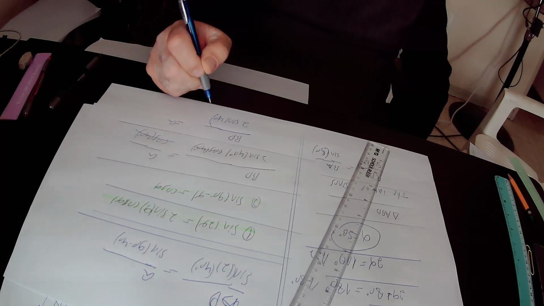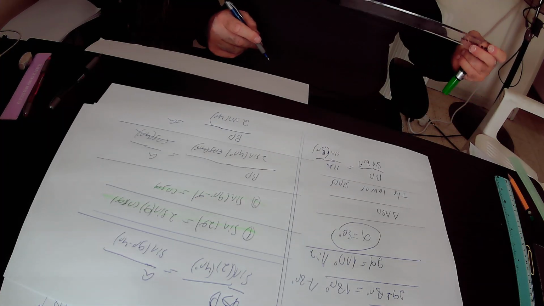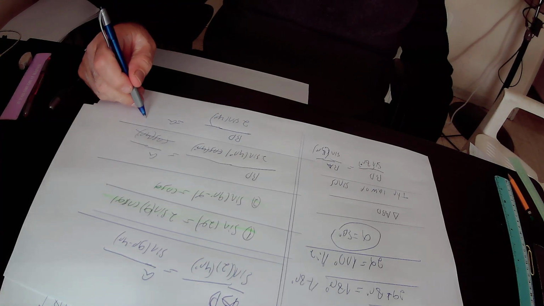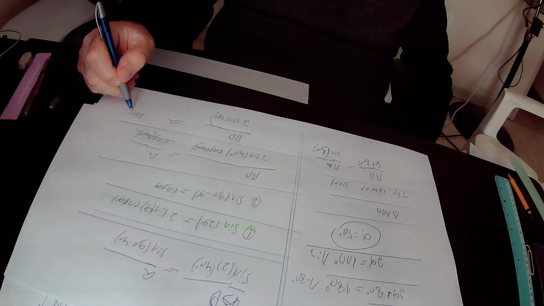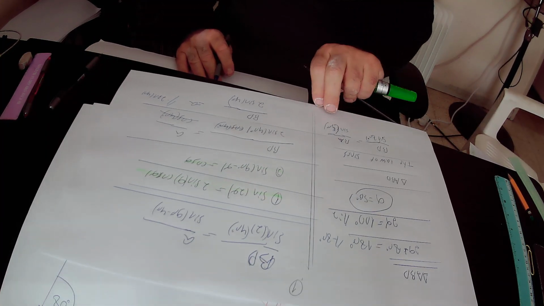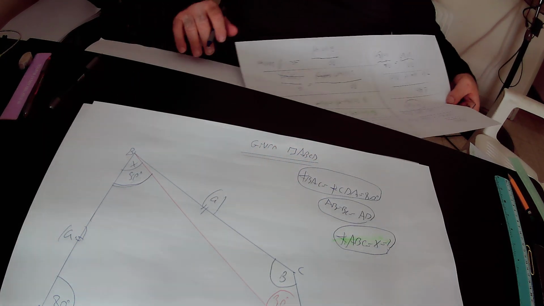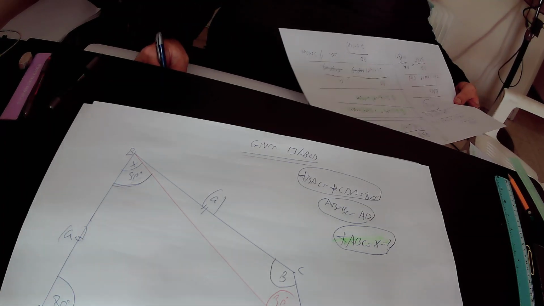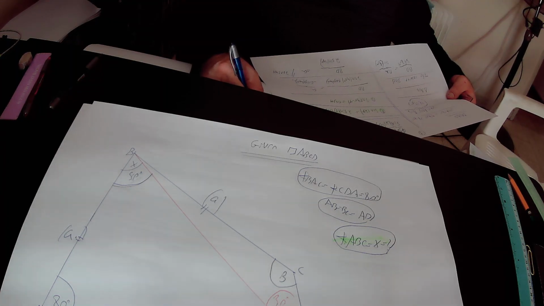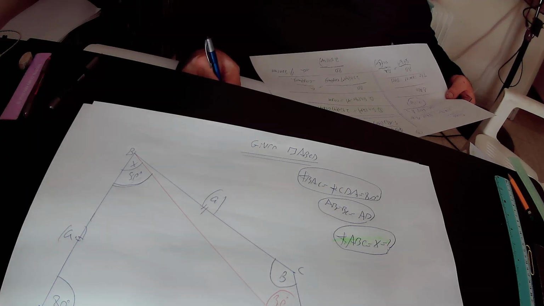So BD over 2 times sin 40 degrees equals A. Here we will multiply this equation by 2 times sin 40 degrees, and we get that the missing side BD is equal to 2A times sin 40 degrees.